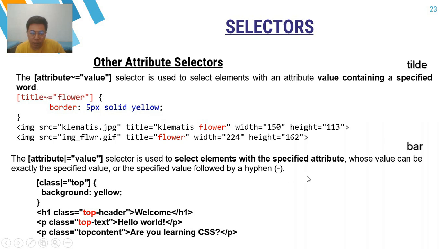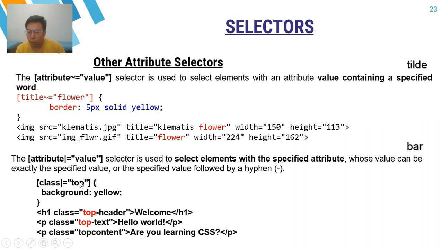And then for the last selector, we have here the bar selector, which is used to select elements with the specified attribute, whose value can be exactly the specified value or the specified value followed by a hyphen. Here we have the word top. Bar is equal to top.